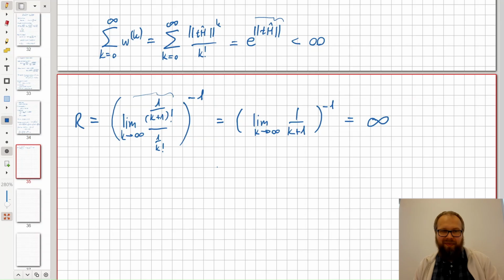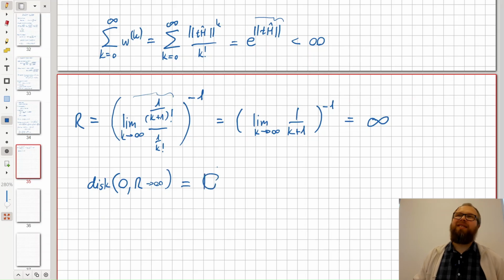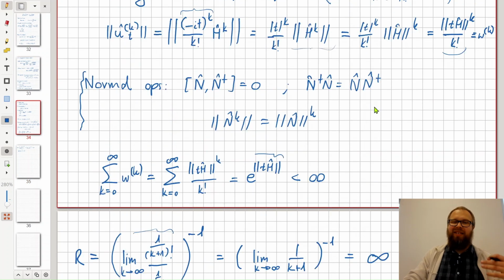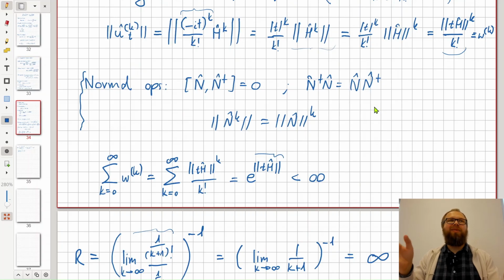Because a disk around 0 with R going to infinity equals the whole complex space. Therefore the bounding series converges uniformly. It has a radius of convergence of infinity.